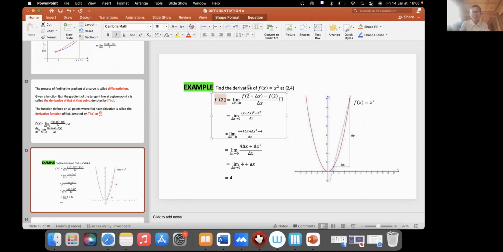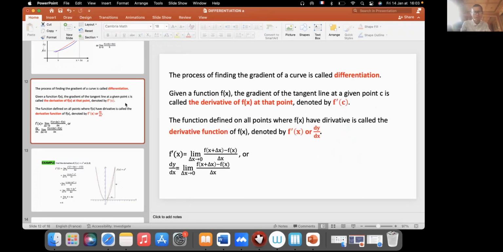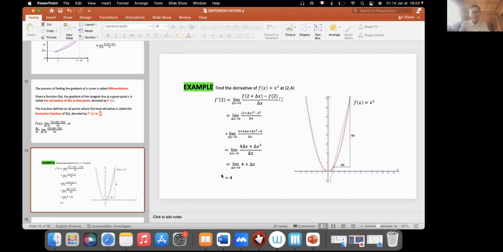And by definition, f prime of 2, as we already learned, is the gradient of the tangent. First, find the gradient of the secant line, right? That is delta y over delta x, right?